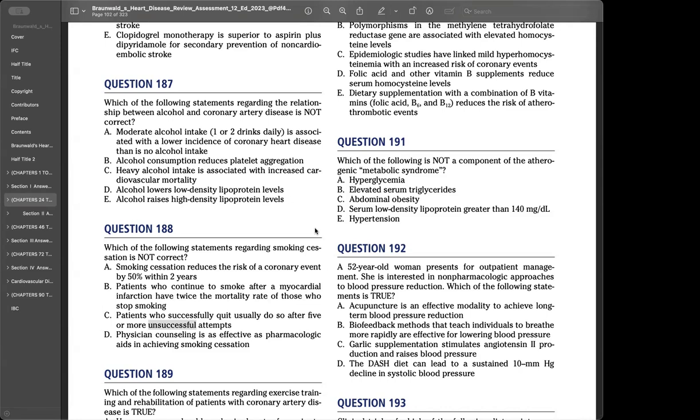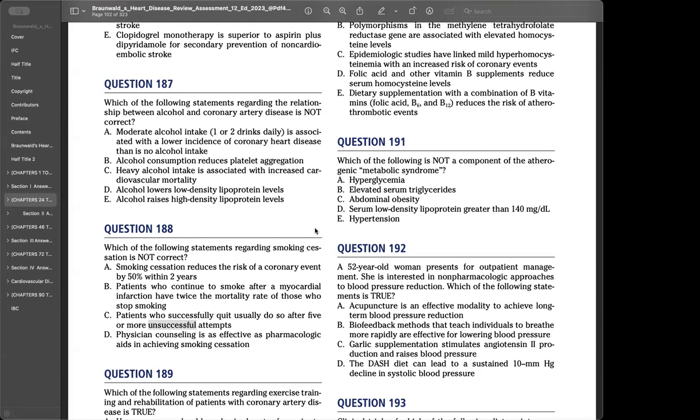Heavy alcohol intake can predispose a patient to arrhythmias, and chronic alcohol exposure can also predispose patients to development of things like dilated cardiomyopathy. Coupled with the risk of arrhythmias, this will increase the overall cardiovascular risks. So that is also a true statement.